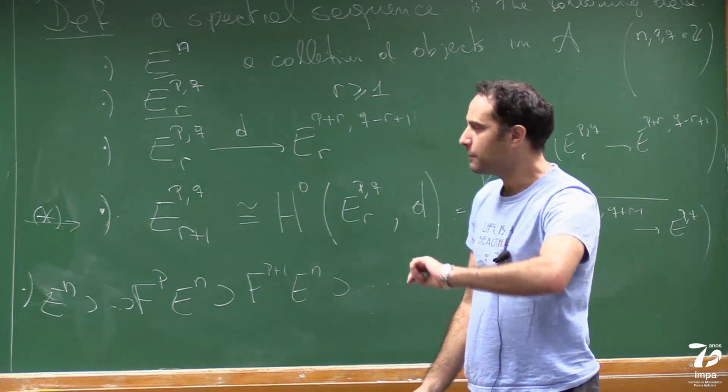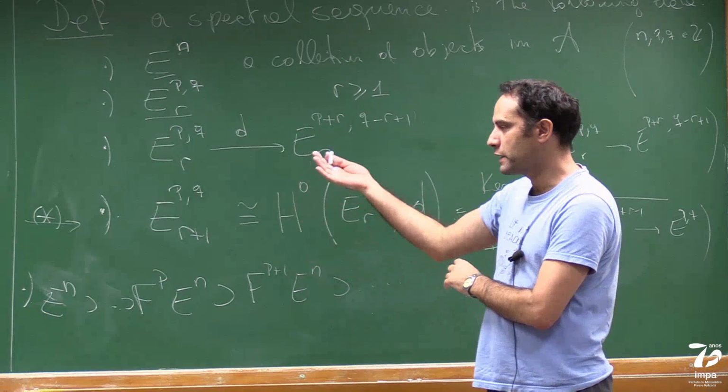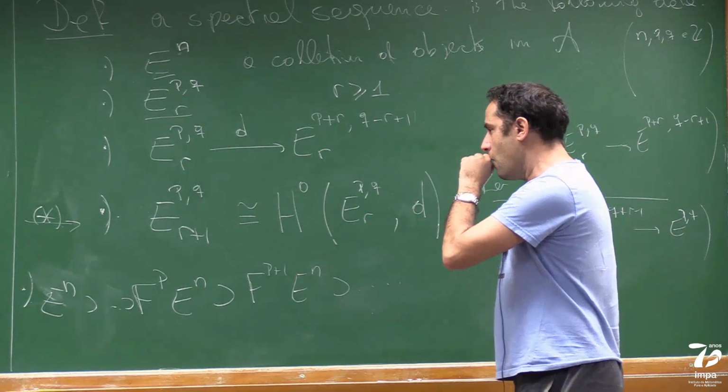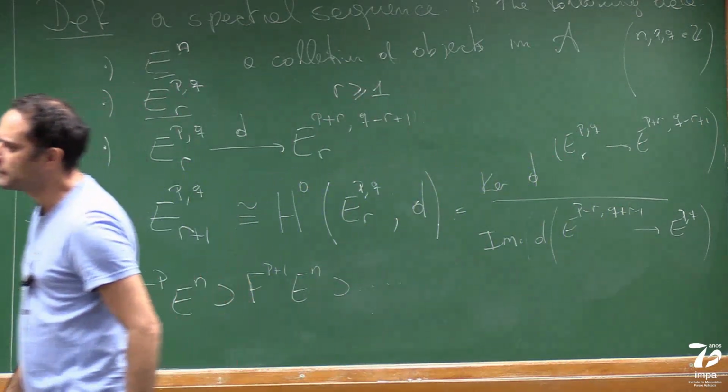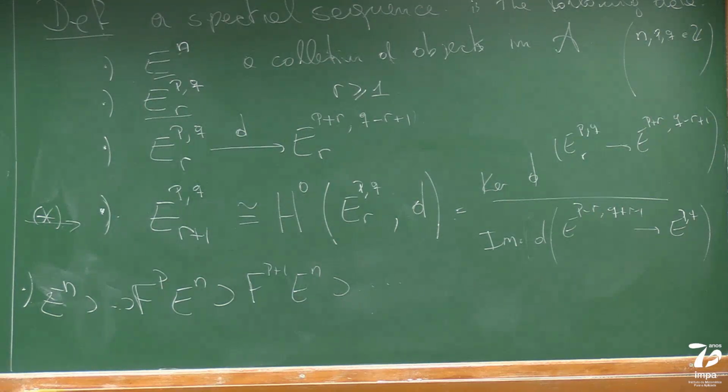So I want to give an example. I have 5 minutes, so I want to say where this comes from. This comes from a filtered complex, but I guess it's easier to see a filtered complex from a bicomplex. So let's start with a bicomplex, and next class I'll start with a filtered complex.